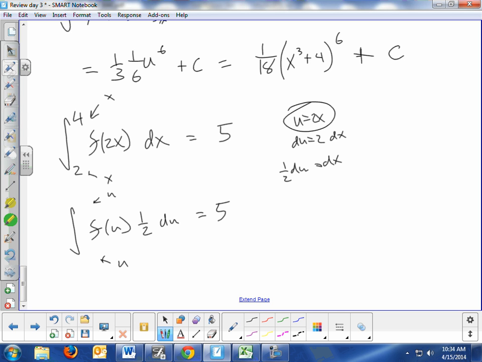Setting u equal to 2x means if I have x's, multiply them by 2, I now have u's. And then I can factor out the 1/2 and multiply both sides by 2. And I say, okay, this is equivalent to the integral of f of u du being equal to 10.